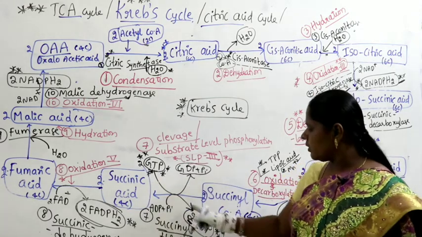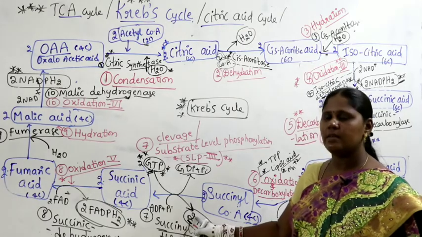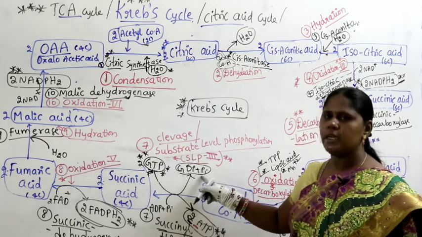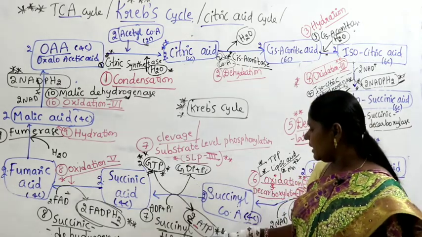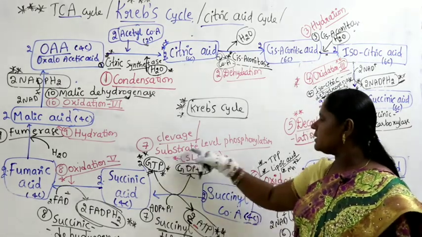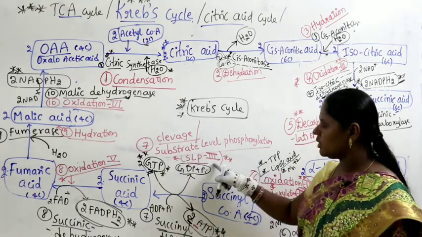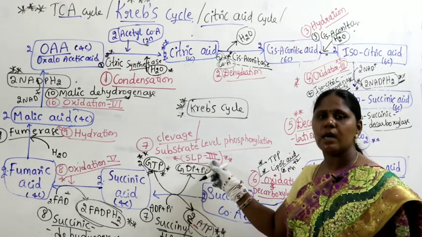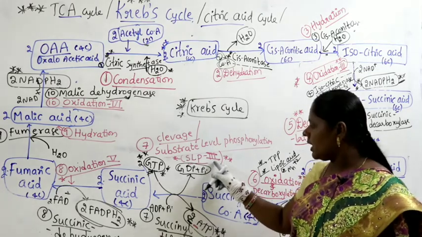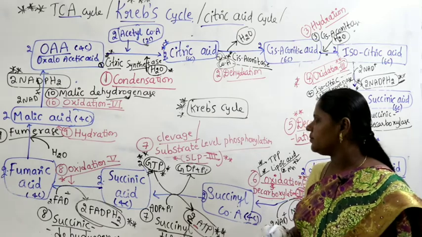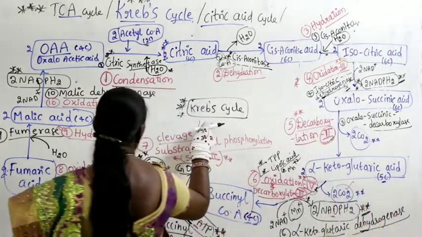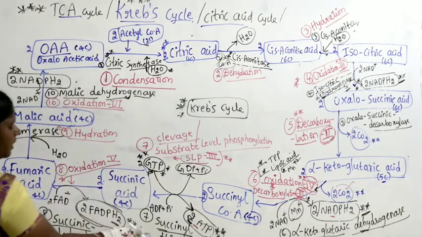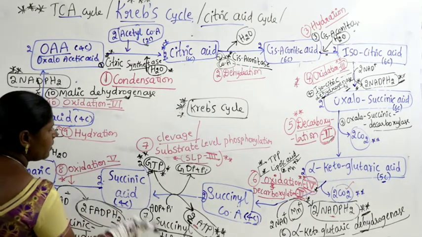As ATP is produced here, this is called substrate level phosphorylation number 3. Substrate level phosphorylation number 1 and 2 occur in glycolysis, number 3 occurs in Krebs cycle. Right. Name of the enzyme is succinyl thiokinase.